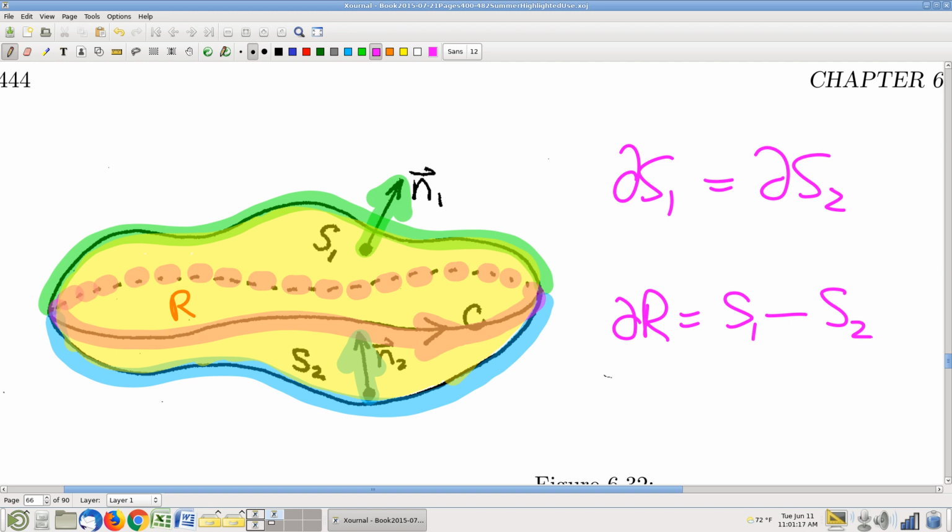I mean, the analogy is just like it was in the case of path independence. We have this minus sign here. And again, consider the urge to think, okay, well, this minus sign just means that I oriented S2 the wrong way. Why don't I just orient S2 downward? This becomes a plus sign. Everything seems good until you come back up here and ask, well, then do S1 and S2 still have the same orientation on their shared boundary curve?